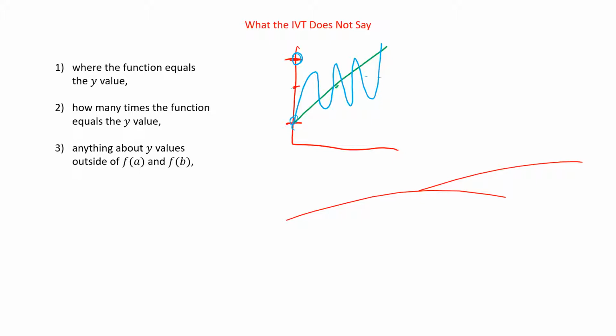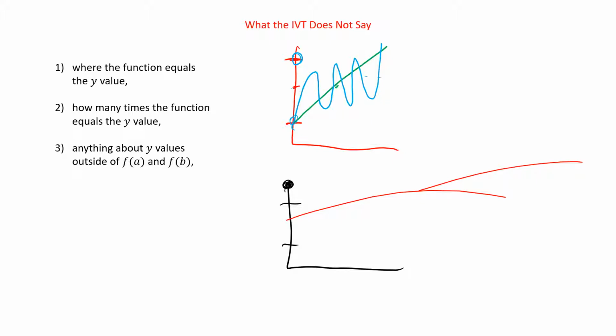Anything about y values outside of f of a and f of b? So if we have a graph with f of a, f of b, let's say our m is up here, it's not in between there. The intermediate value theorem doesn't tell us anything about that. A lot of times people say, oh, well, it can't equal that.